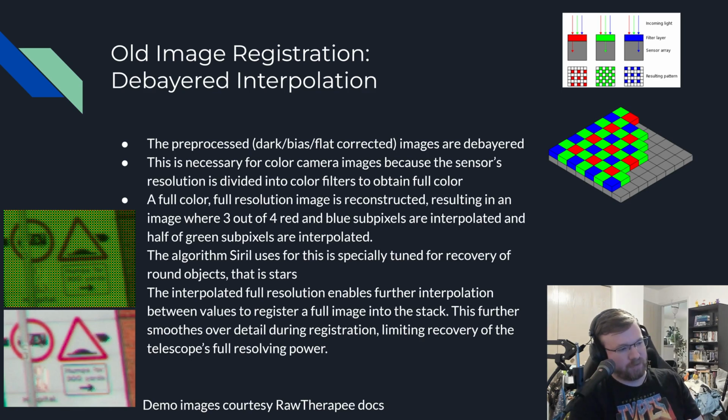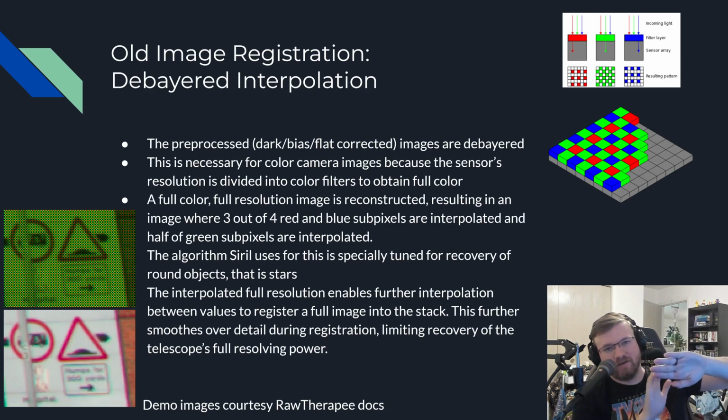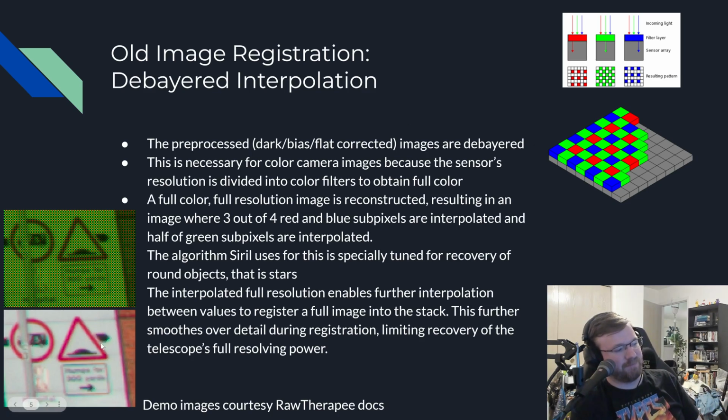This interpolated full resolution then enables us to do further interpolation instead of aliasing and gaps when we create our final stack. So we have a full grid of pixels from the debayering. You might see that the image in the bottom left is a debayered example image. The top one is the Bayer patterned image, and the bottom one is the reconstructed debayered image.